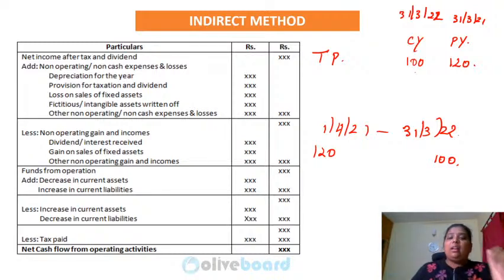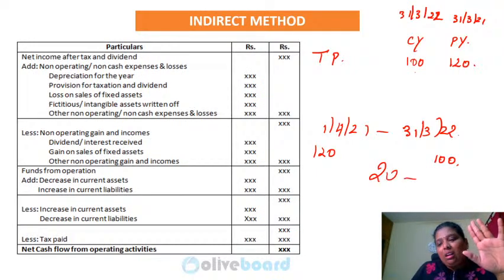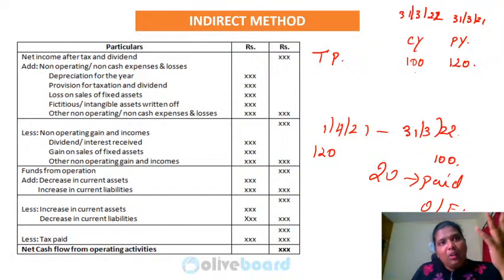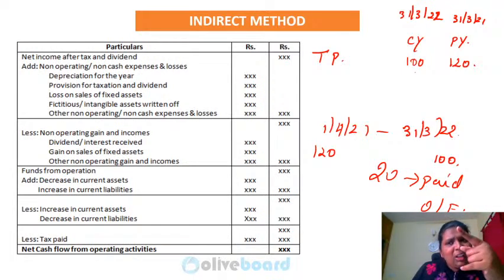All right, now coming back, you have paid. I started my payable at 120, and now my payable is at 100, which means 20 rupees I paid. It's an outflow. In between, something would have happened; you would have borrowed, new vendors would have come. But ultimately, 20 rupees you made a payment.